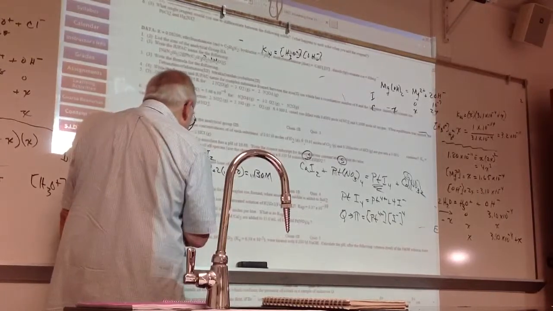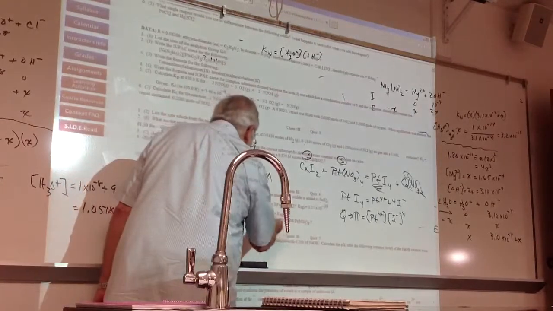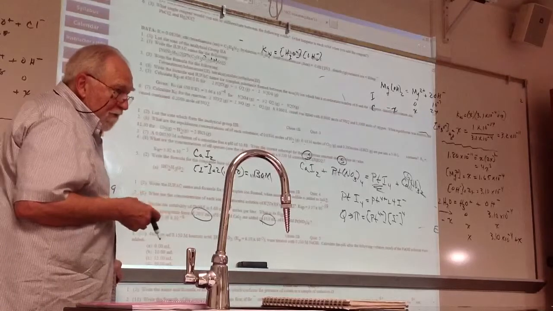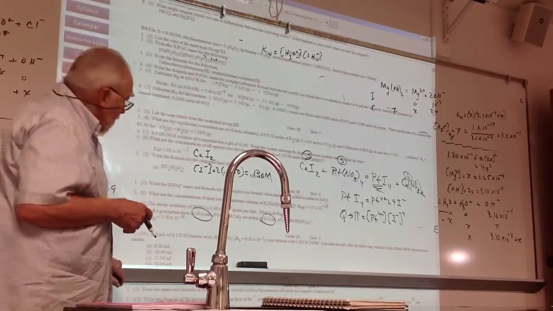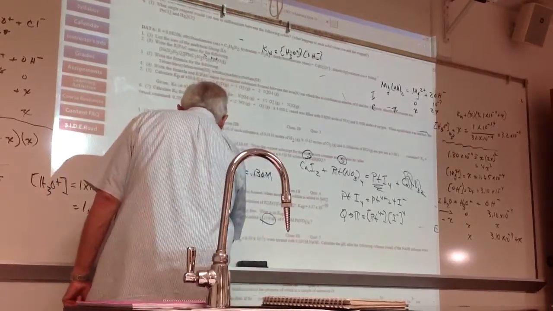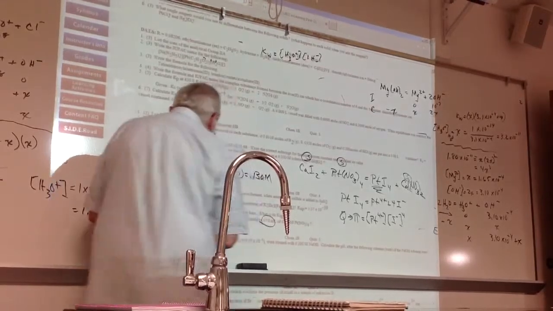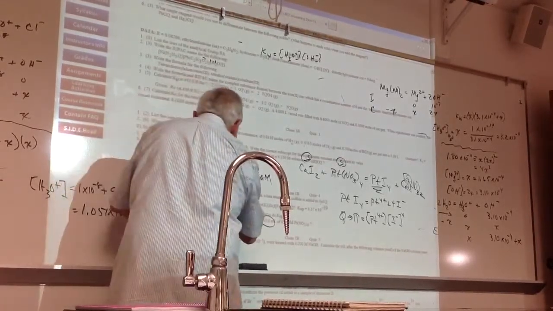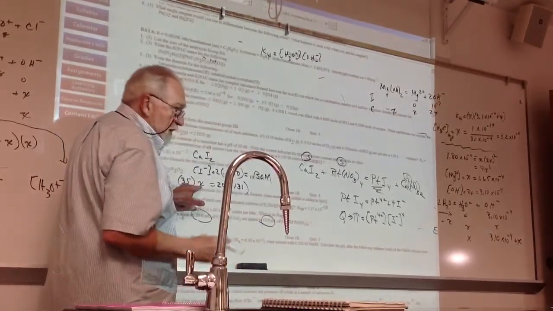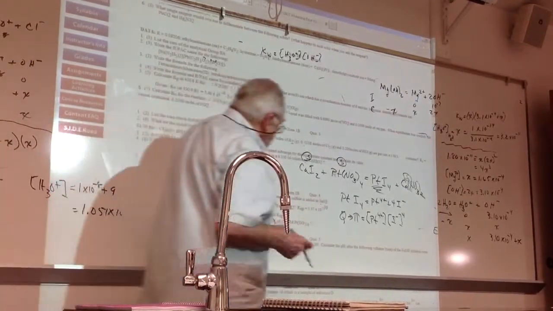The final solution, somewhere did say assume additive, no I didn't say that. But you have to assume the solution is additive, just like we did when we calculated the H2SO4, the potassium permanganate and everything. So the total volume is 35 milliliters. So we have 35 times X is equal to 20 milliliters times 0.130. This will give us the concentration of the iodide after we mix the two solutions, which we'll plug into this one.